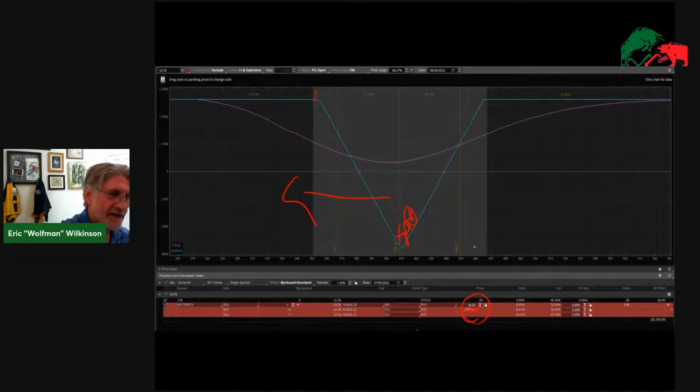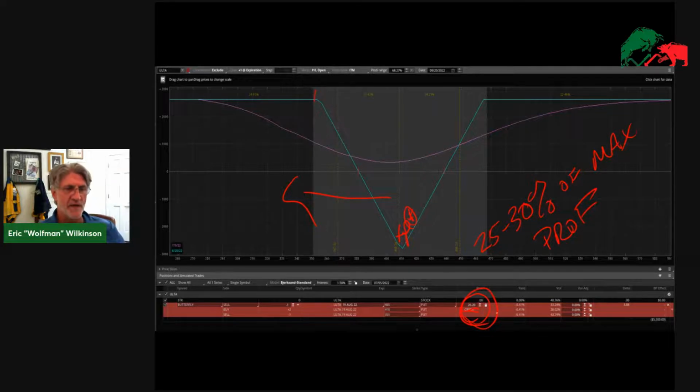As a matter of fact, I say 25 to 30% of max profit is what I'm looking to take as a trade here, which means 25% of that 25 here is $5.